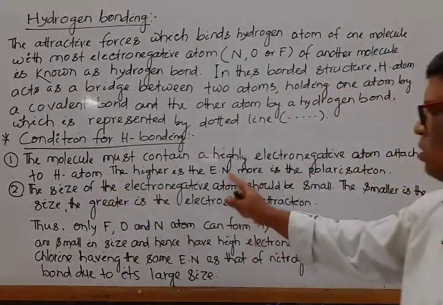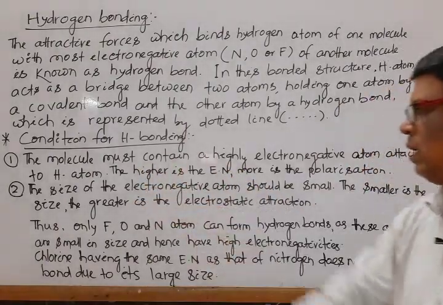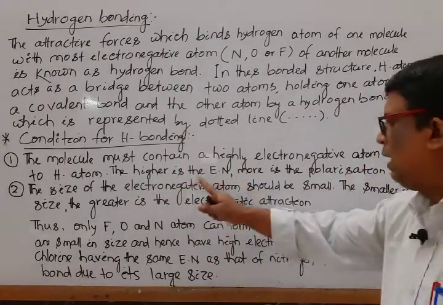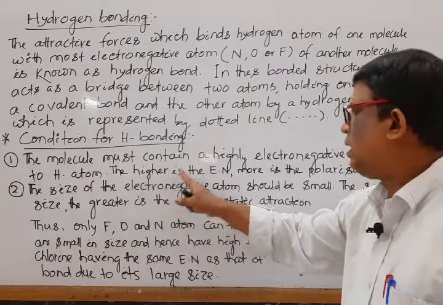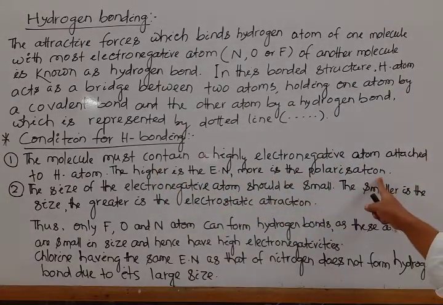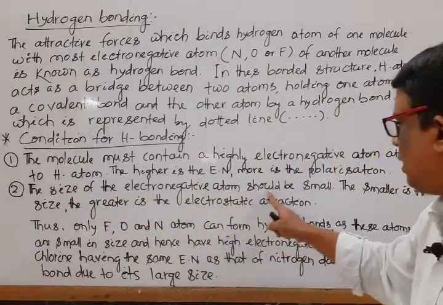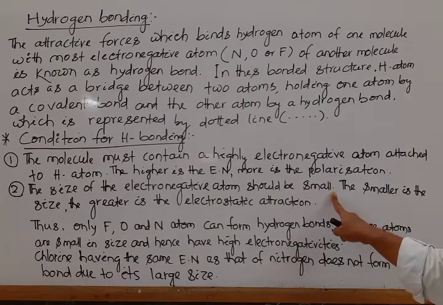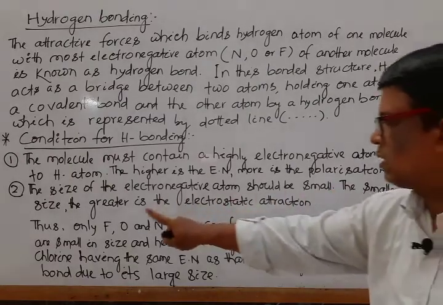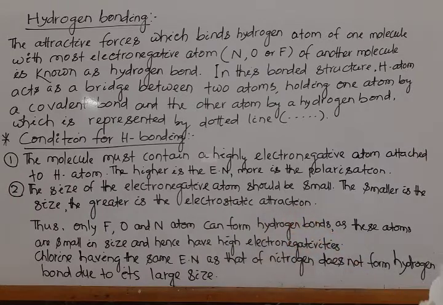The molecule must contain a highly electronegative atom attached to the hydrogen atom. The higher the electronegativity, the higher the polarization. And the second point, the electronegative atom must be small in size. The smaller the size, the greater the electrostatic forces of attraction.